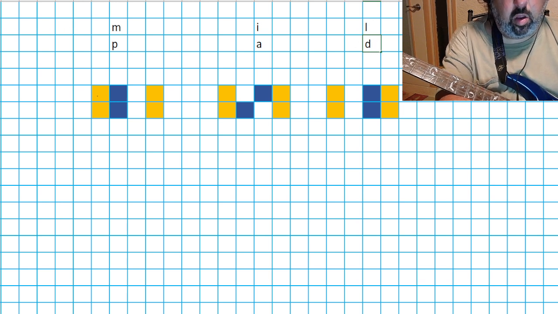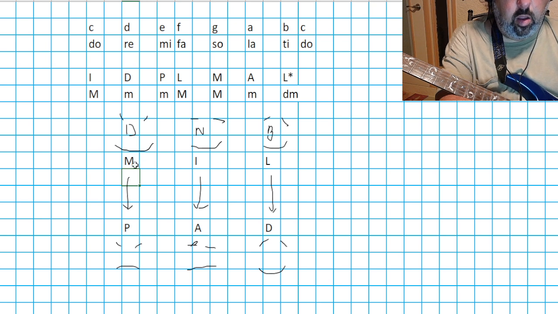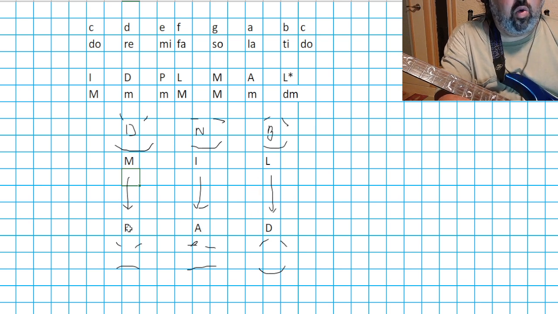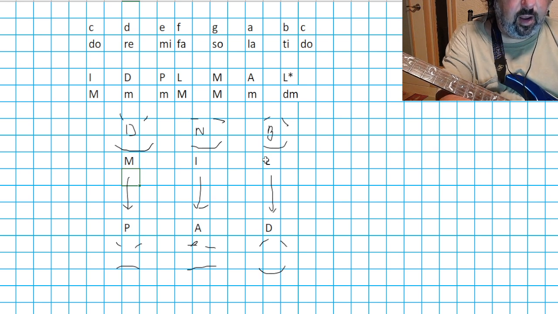So Mixolydian, Phrygian, Ionian, Aeolian, Lydian, and Dorian. Or better yet, think of it like this: Phrygian, Mixolydian, Aeolian, Ionian, Dorian, Lydian.